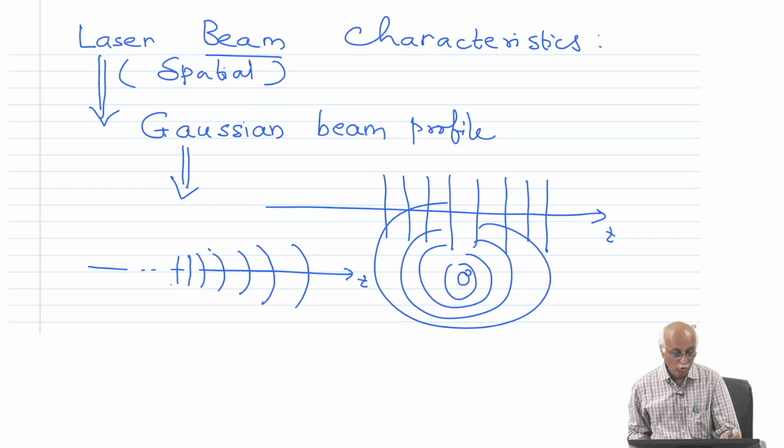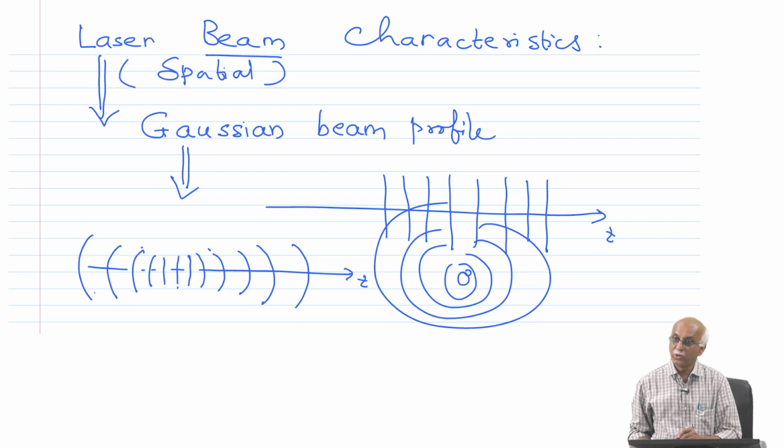So, the radius of curvature changes, and finally it becomes circular. From the planar wavefront it becomes a circular wavefront, and the divergence of the beam is decided in this way.